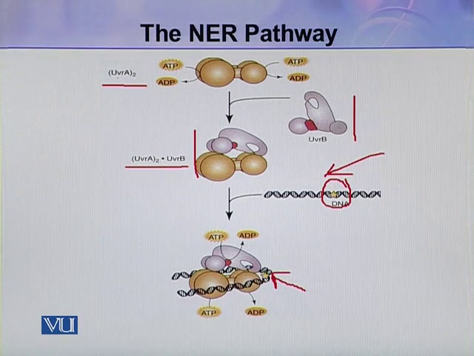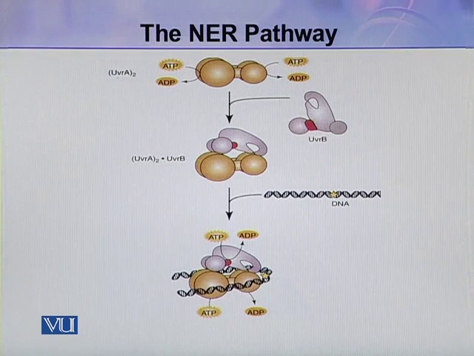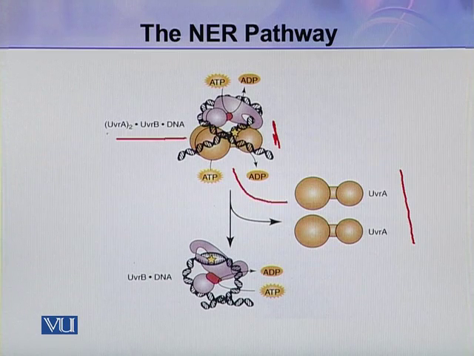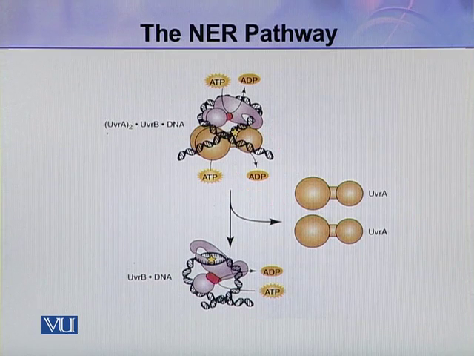So in this way a UVRA2 UVRB DNA complex is formed, and in the next step it starts moving, and after that the two UVRA molecules are removed, and now this is the UVRB DNA complex. So this is a stable complex.